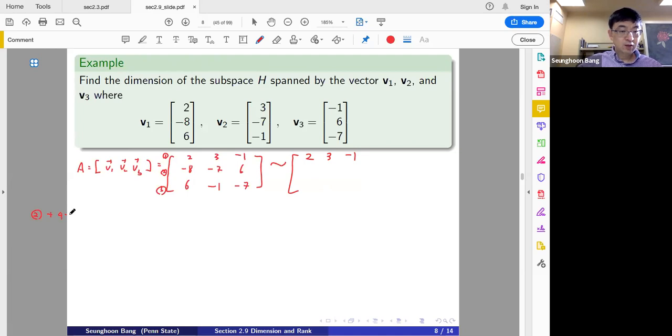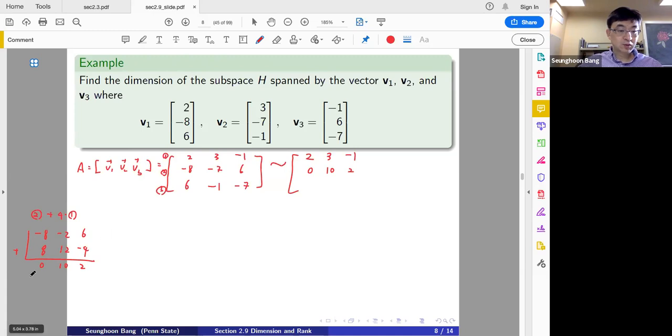The 4 times first row: 4 times 2 is 8, 4 times 3 is 12, 4 times -1 is -4. Add it, and we have 0, 10, 2.